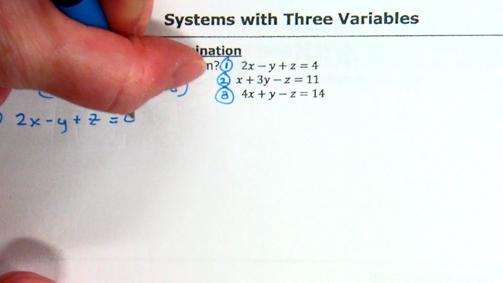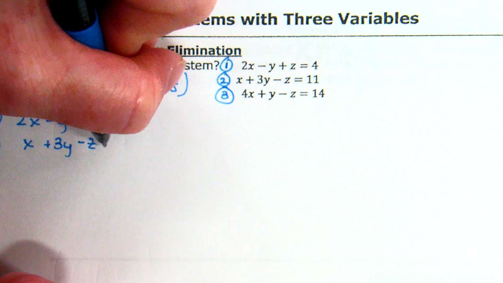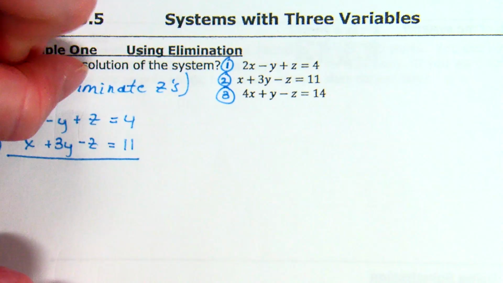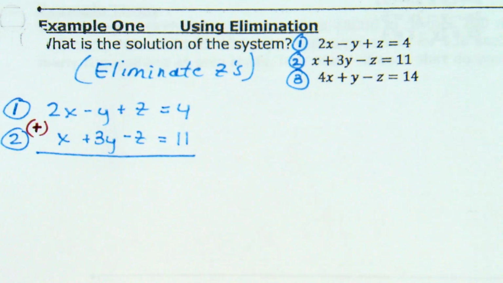My equation 2, x plus 3y minus z equals 11. I have a positive z and a negative z, so I am going to add these equations together. Are we ready to add them, or are we still writing them?